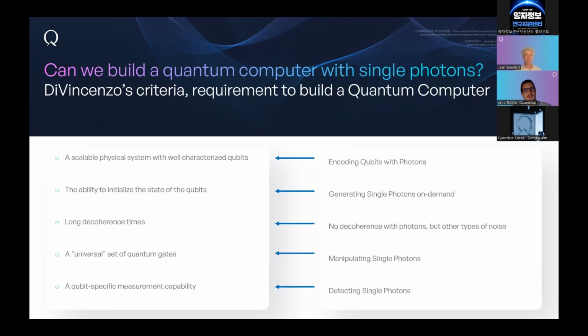And it's pretty nice because we fulfill all of these criteria with discrete variable photonic quantum computation. First, and we'll show that in the next slide, we can encode qubits with photons. And it's pretty easy. There are even several ways to encode photons as qubits.